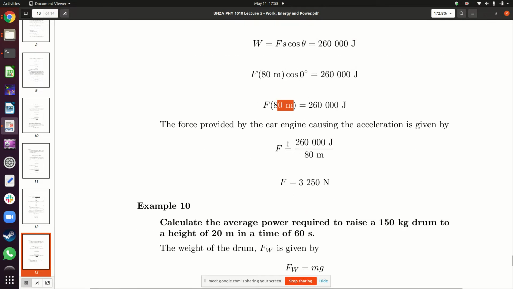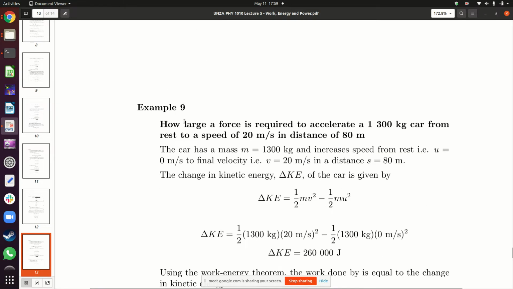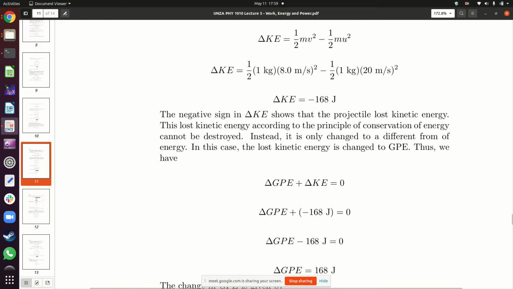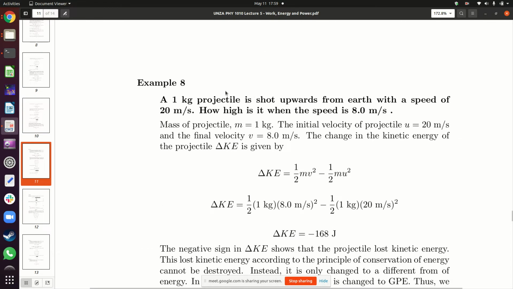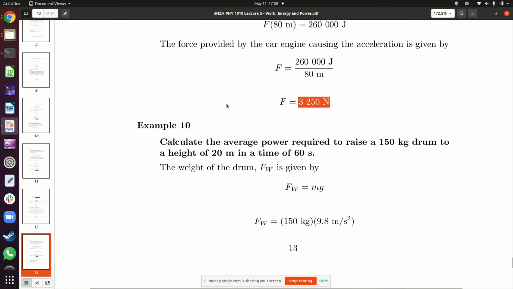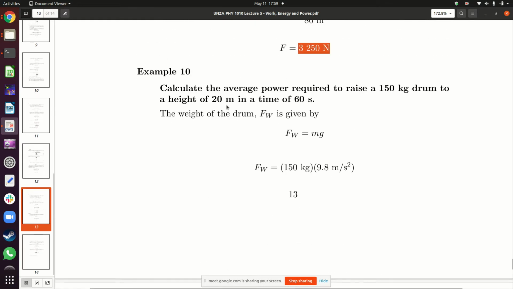You divide both sides by 80, and you end up having this force. But I think this example 9 is in the wrong place. It's supposed to be somewhere up there. Okay, but that's fine. Our focus is on this one, example number 10.